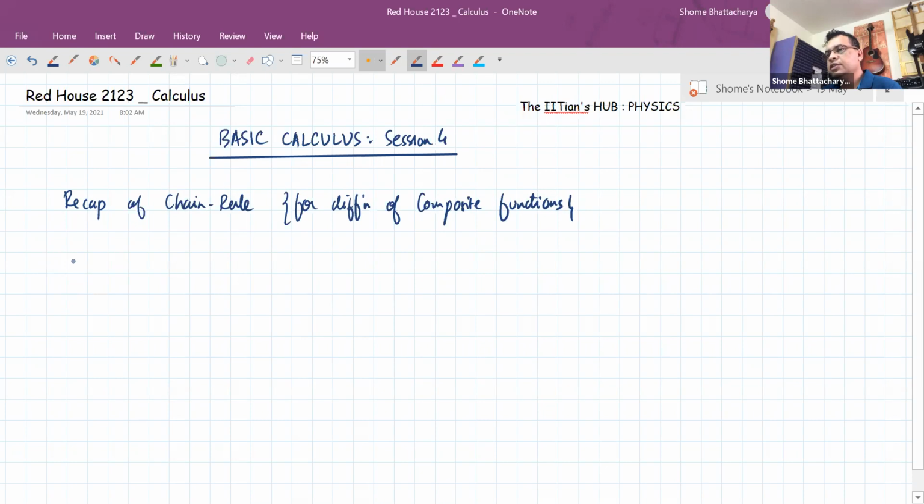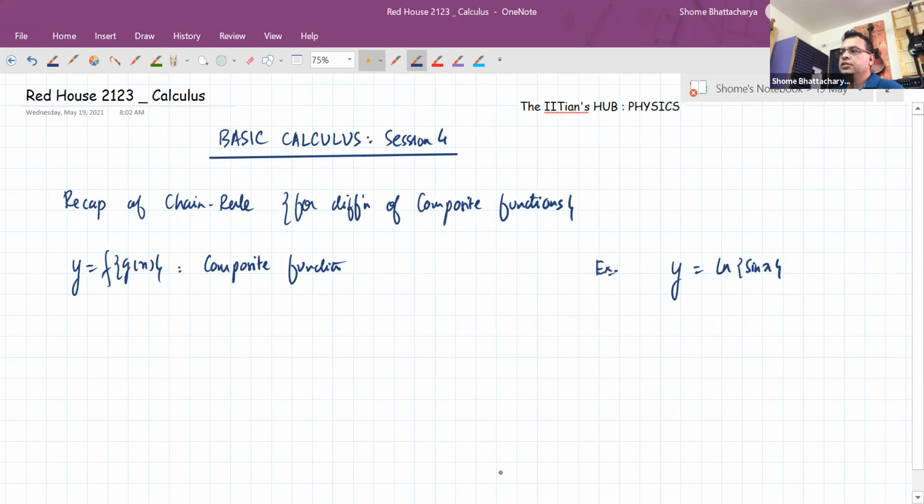So a composite function, as you know, is a function of this type, a function of a function. This is an example of a composite function. For example, if we have the function natural log of sin x, this is an example of a composite function, as you can see.